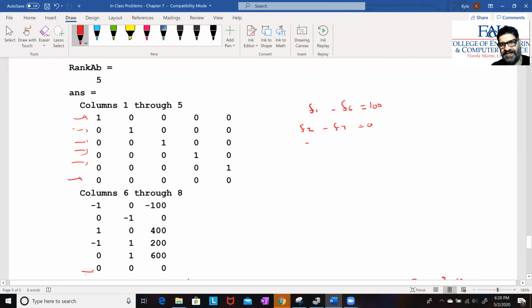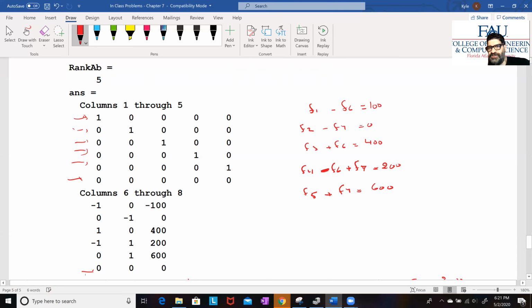The third equation is f3 plus f6 equal to 400, and the fourth one is f4 minus f6 plus f7 equal to 200, and then f5 plus f7 is equal to 600.